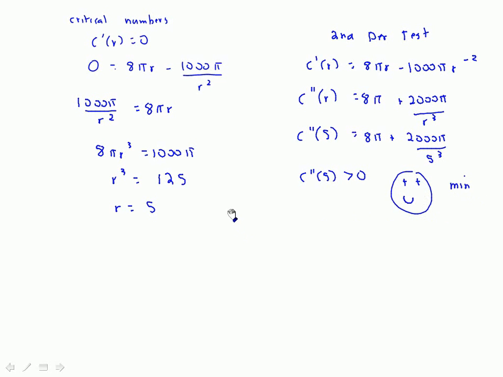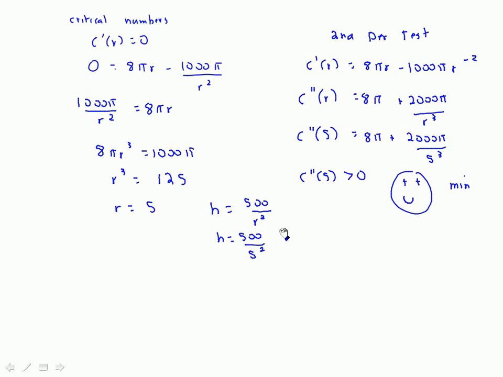So we find h, and then we're out of here. And h would be found by using the original volume formula, 500 divided by, I believe, r squared. So h is equal to 500 over 5 squared. Divide that out, and we should be in good shape.